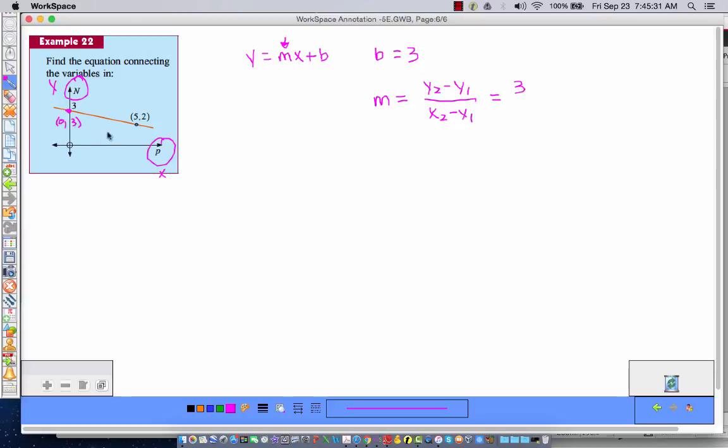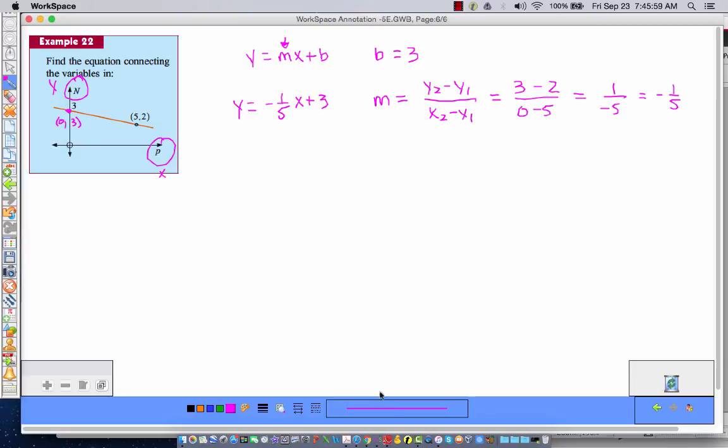So that's 3 minus 2 over 0 minus 5. That's equal to 1 over negative 5, which we can think of as negative 1/5. And then I just have to replace my slope with the negative 1/5 and the y-intercept b with 3, and I've got my equation. So y equals negative 1/5 x plus 3.